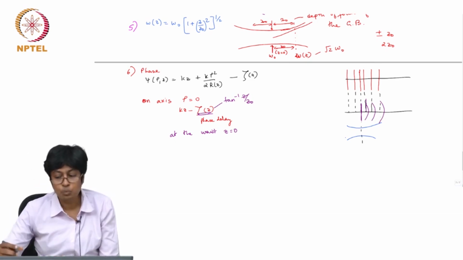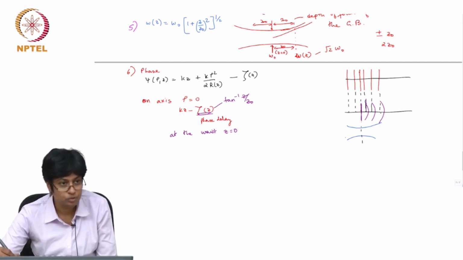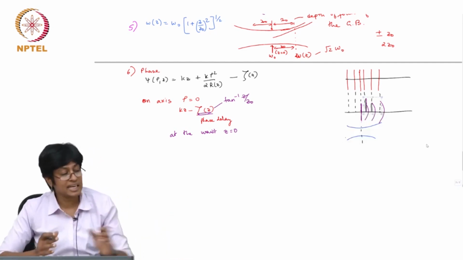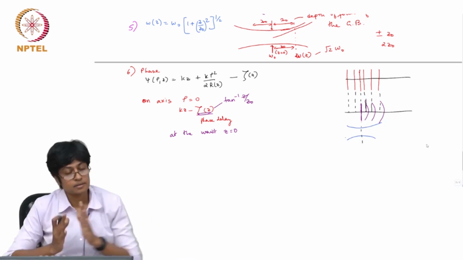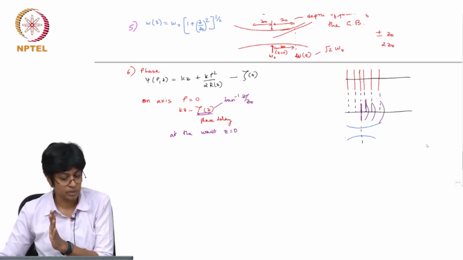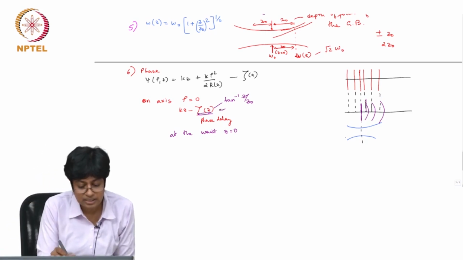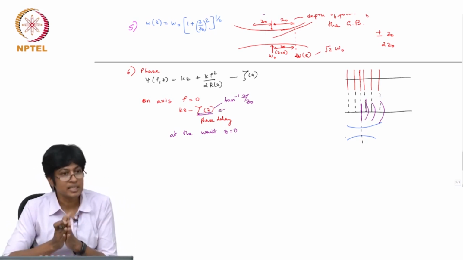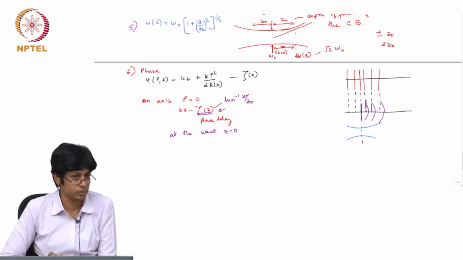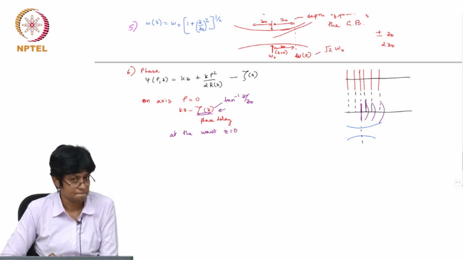So wherever I expected the plane wave to be on the axis, the Gaussian beam is delayed, and so you'll see the wavefront crossing later. So this term, zeta of z, is basically introducing a phase delay compared to how a plane wave would propagate. Does that make sense?